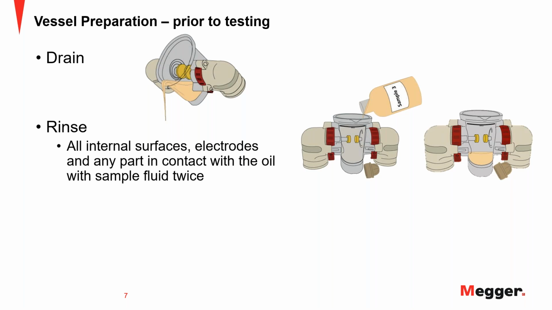So you're rinsing the walls of the vessel, but you're also rinsing any part that comes in contact with the sample oil during the test procedure. This is the electrodes, the impeller, and the walls of the vessel. And you need to do this twice with the sample fluid that you're testing in order to make sure that you've removed any of the previous contamination. So you're just testing the sample that is under test now.